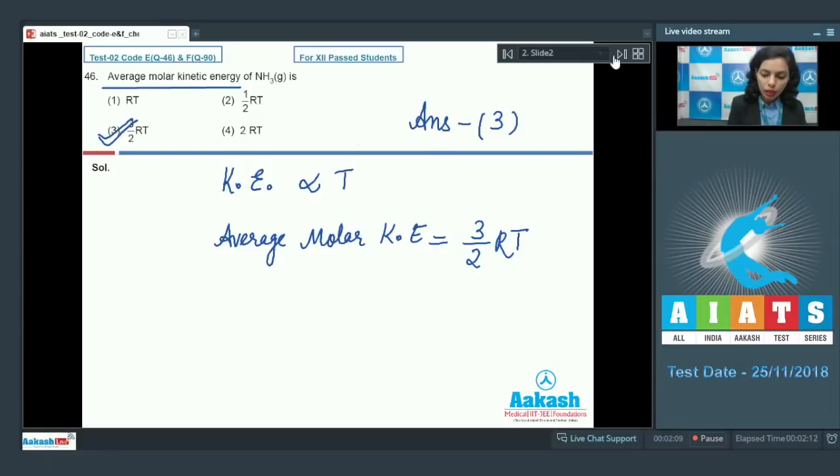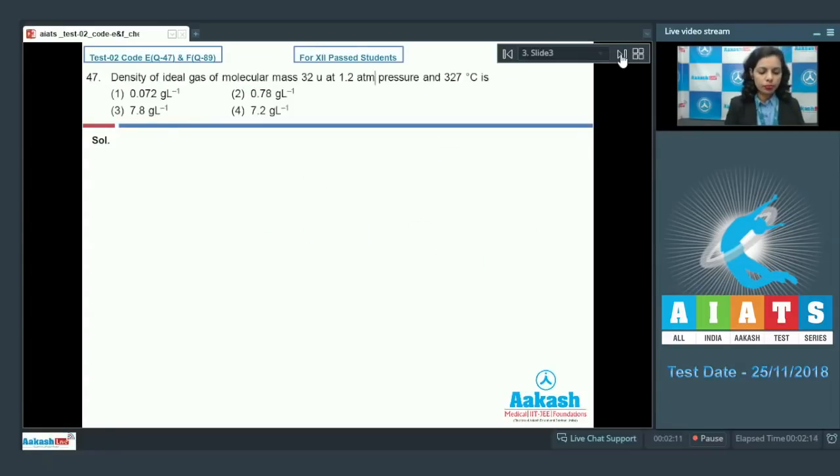Now it's a turn for question number 47. Question number 47 says, density of ideal gas of molecular mass 32 U at 1.2 atmospheric pressure and 327 degrees Celsius is. We have different options which are given here.